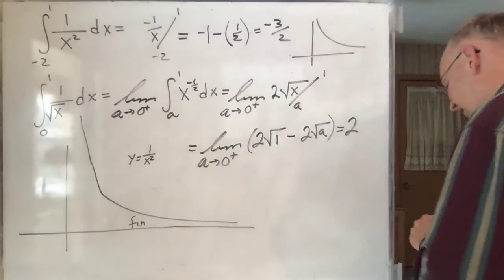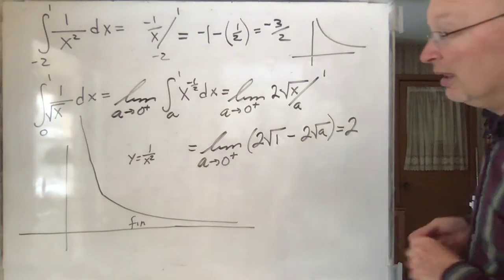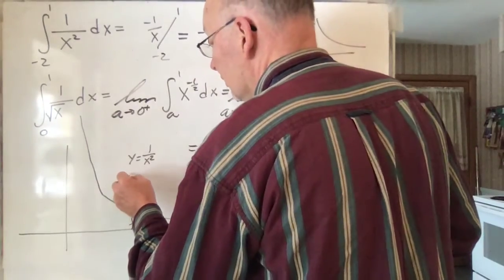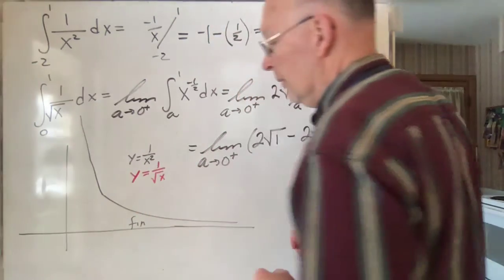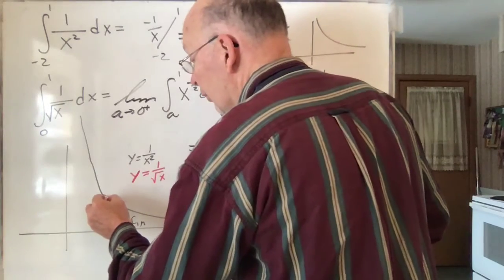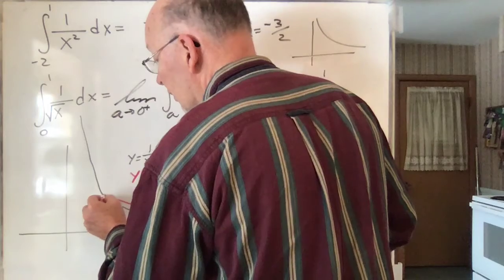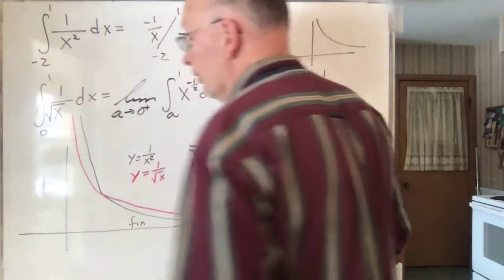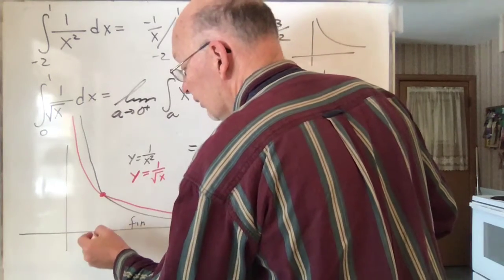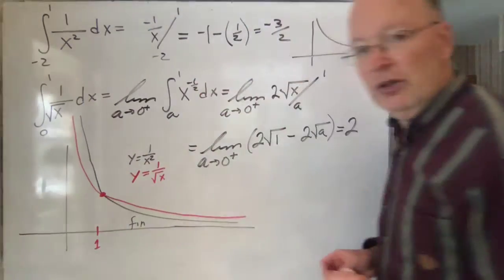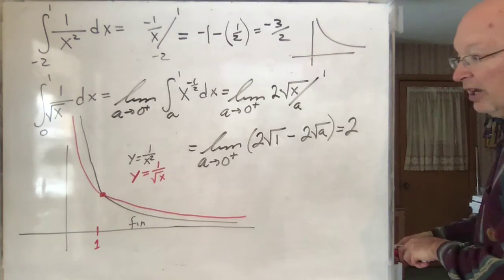On the other hand, let's get another color marker for this one. Y equals 1 over the square root of x. If you were to graph the two of them together, that looks like this. And it looks like that. See that? Here's the point 1 right there. There's the point (1, 1). So notice what's going on.